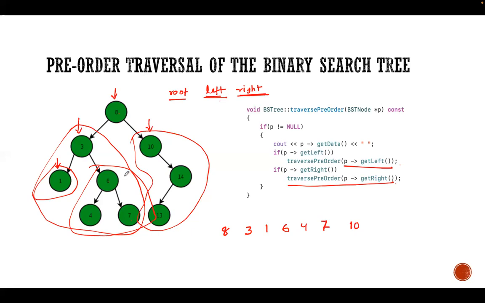Left is null, so you will go to the right. That's another subtree, so you'll do this subtree with root, left, right. You have the root 14, then left is 13, right is null. So you are done with this subtree, and we'll return. You are done with this right subtree, and you are done with the whole thing. So root, left, right. That will be our final pre-order traversal.